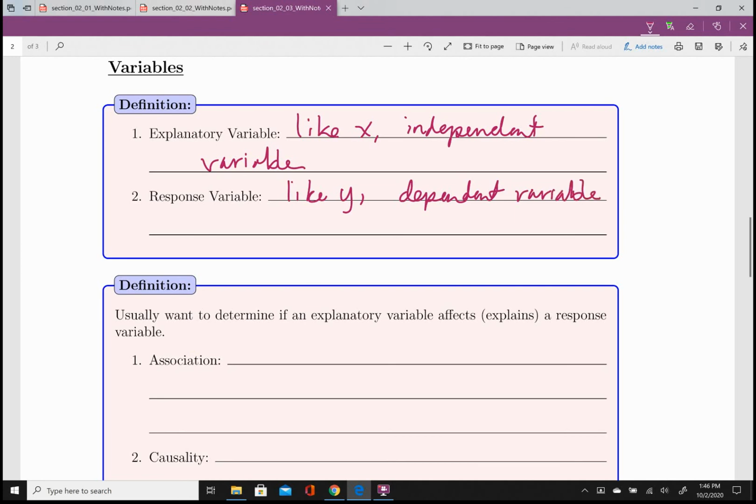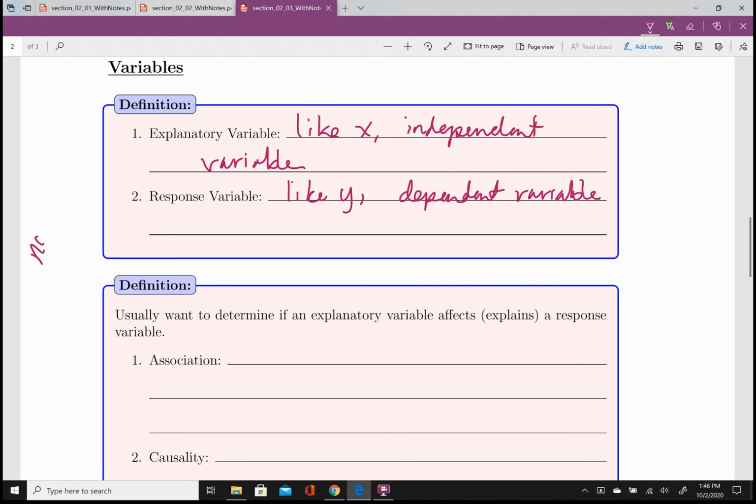Furthermore, something that I would want to note off to the side is that the explanatory variable may or may not turn out to affect the response variable. It feels like it should always have its effect. The explanatory variable should always affect the response variable. That's not always going to be the case.